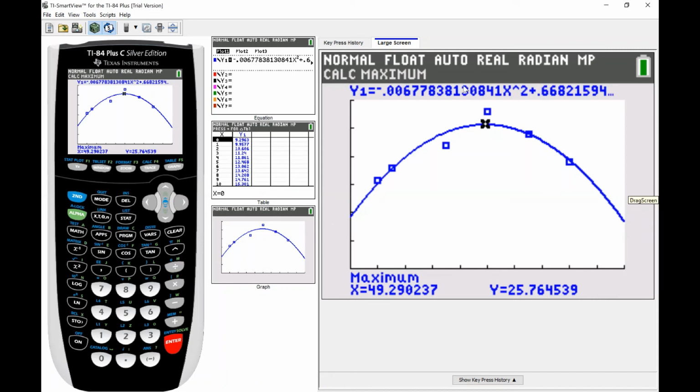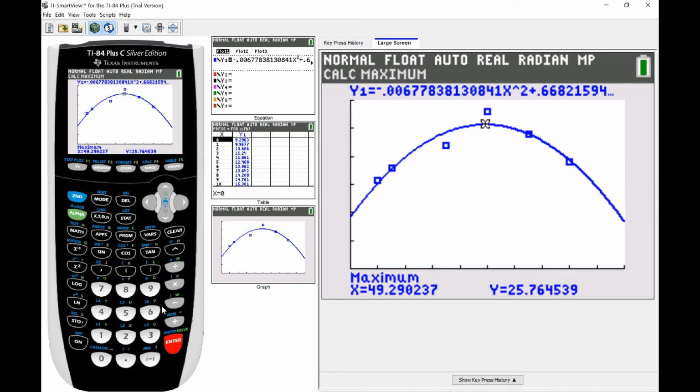Like I stored in this equation, but if I rounded it to negative 0.007x squared plus 0.67x plus 9.3, which is what I did on my answer key and what I'll write on the screen next, I got 47.86 as an x value, which is still very close. That's approximately 48 miles per hour, and this is 49. So that's pretty close. So it's approximately 48 or 49 miles per hour at which the miles per gallon is the greatest.